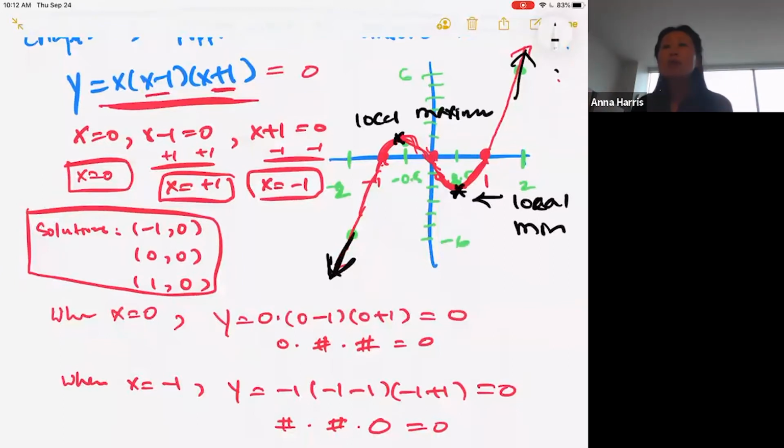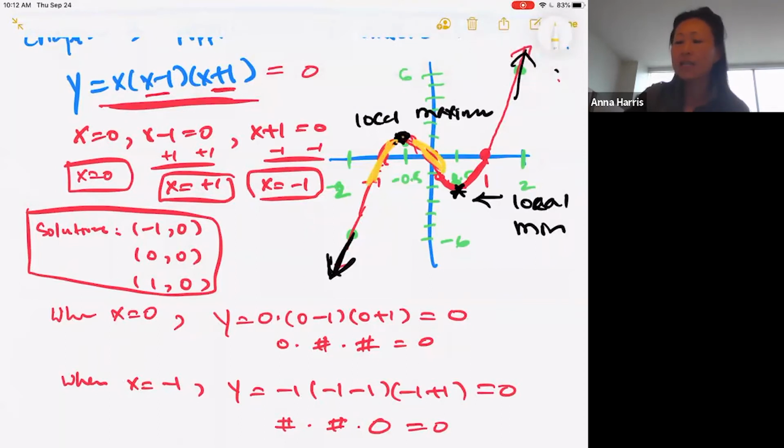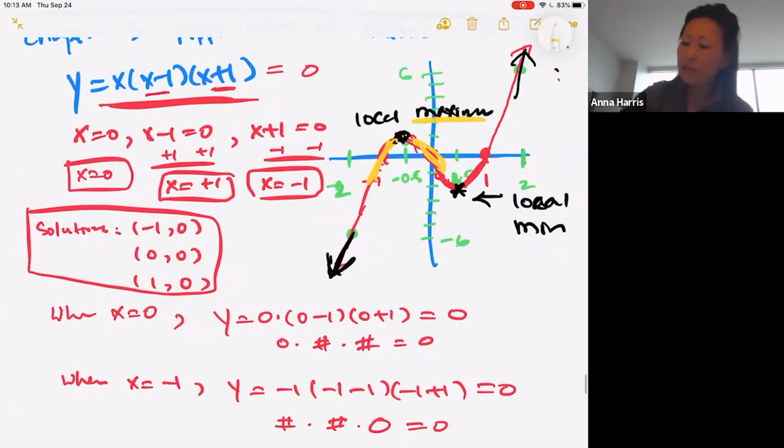Okay, why is it called local maximum and local minimum? Look at this graph, and look at this value right here. That's the highest value when you compare to the left and compare to the right. That's why it's called local maximum. Are you following me? Okay, what about here?